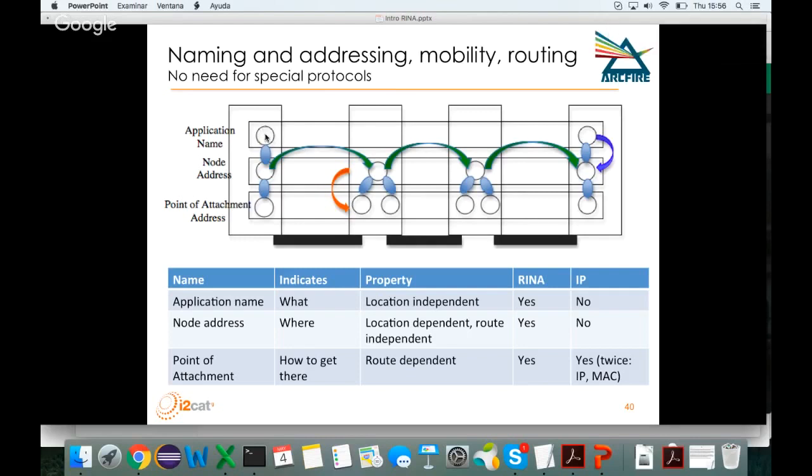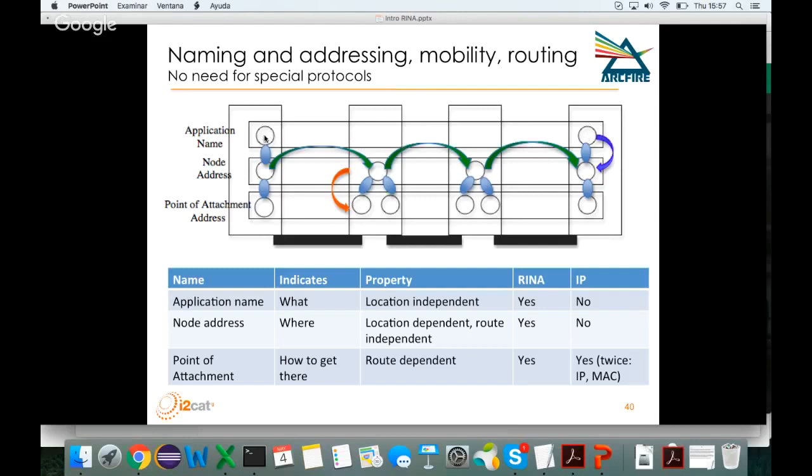So for example, I may have a web server, the New York Times website here, and a client here. Then these application names have to be location independent, so that the client or the server can move and applications still have the same identity and you can find them wherever they are.